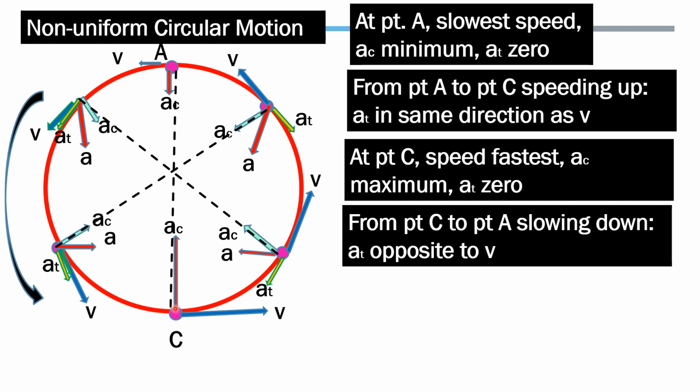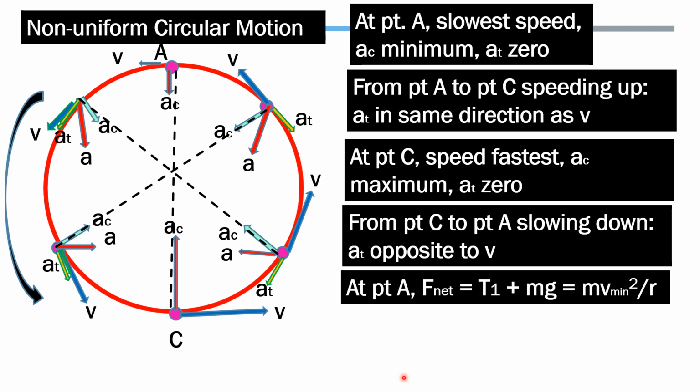Now, what can you say about the net force that's acting on the body, specifically at point A and at point C? At point A, the net force acting on the body is composed of the pull of the tension of the rope or string and the pull of gravity.